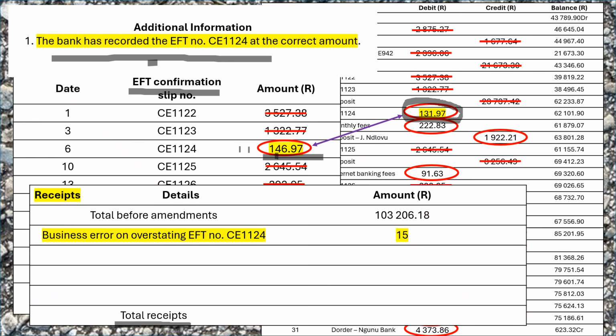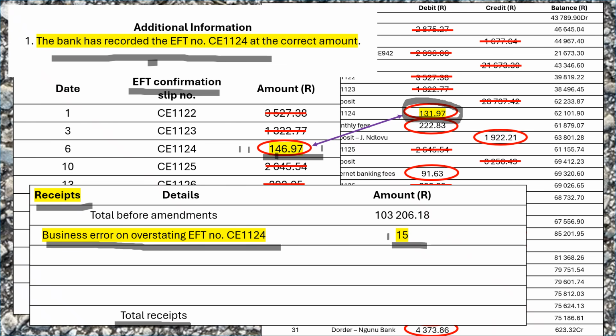So in our cash receipts journal, we say business error on overstating EFT number CE1124, 15 Rand. We went and put in our cash book payments 15 Rand too much, so to take it out, we must put it in the receipts. And there it is, recorded.